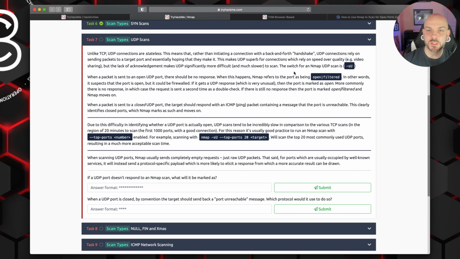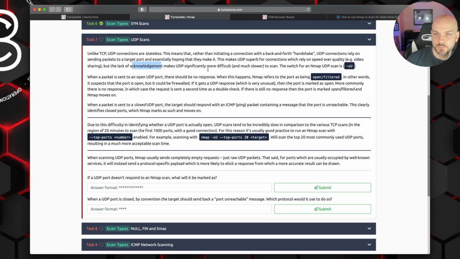So it doesn't really care whether the VPN itself has any protection mechanisms for retransmissions, because it will rely on the end host to figure that out and retransmit when they need to. All right, this makes UDP superb for connections. Yep.